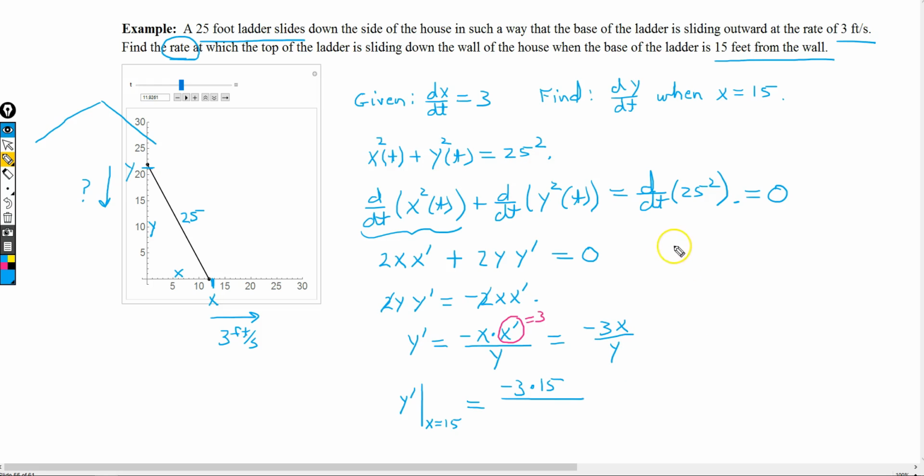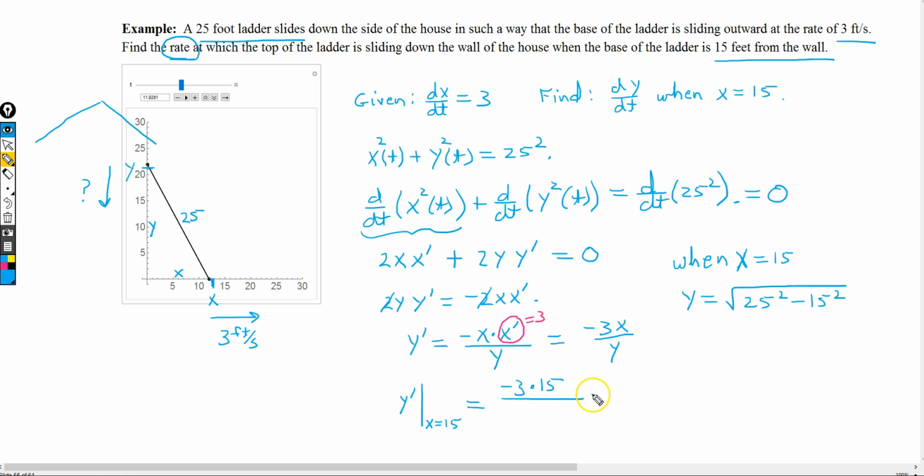So note that just off to the side here, when x is 15, y is going to be the square root of 25 squared minus 15 squared. That comes from right up here. When you put the 15 in for the x, you can then solve for the y. So taking the 15 squared over and then taking the square root, you get what y is.